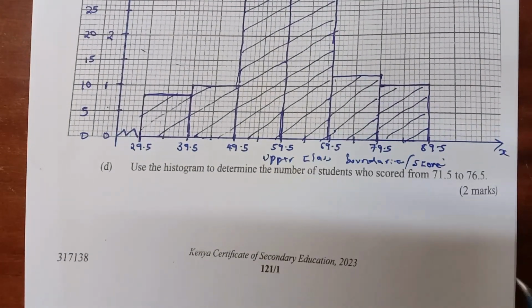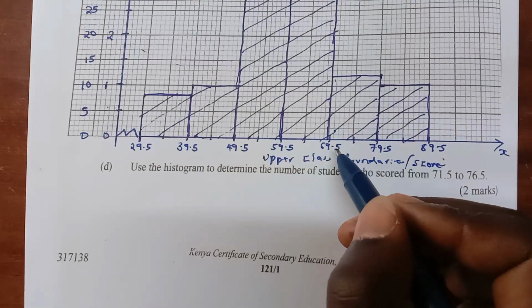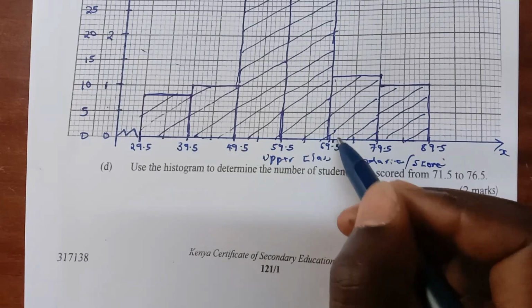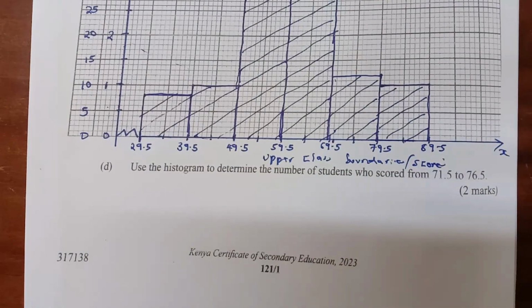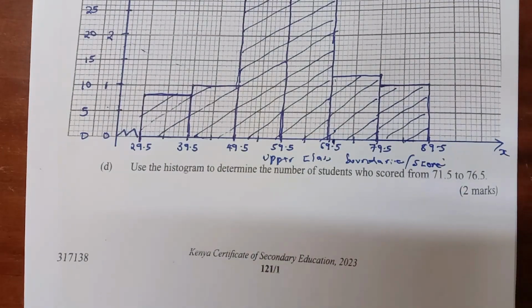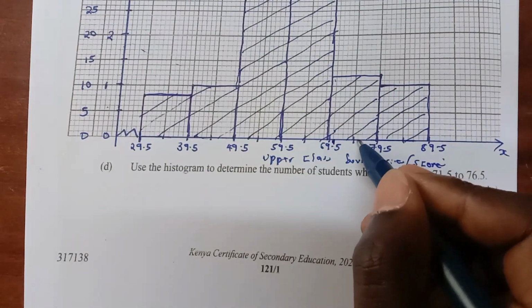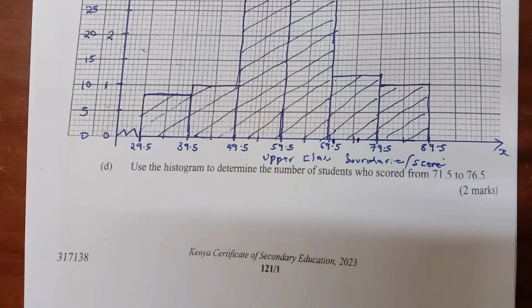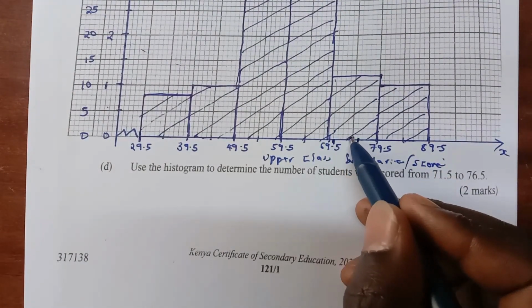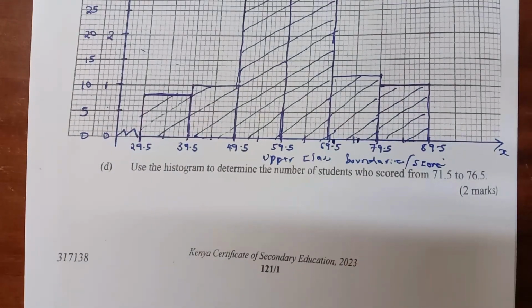Now, 71.5 is just one box after 69.5. You know that each box is 1, 1, 1, 1, 1. So from 71.5 all the way up to 76.5, there is 1, 2, 3, 4, 5 squares.